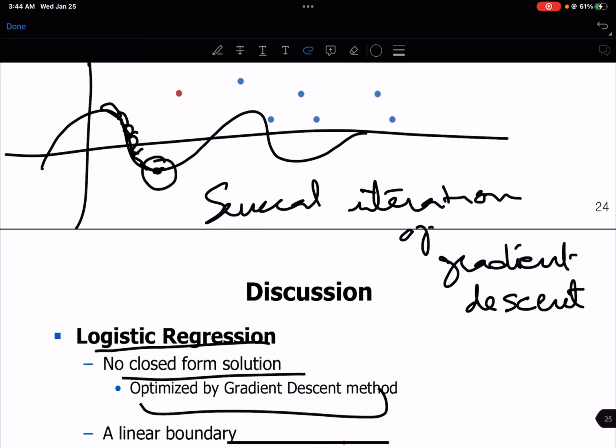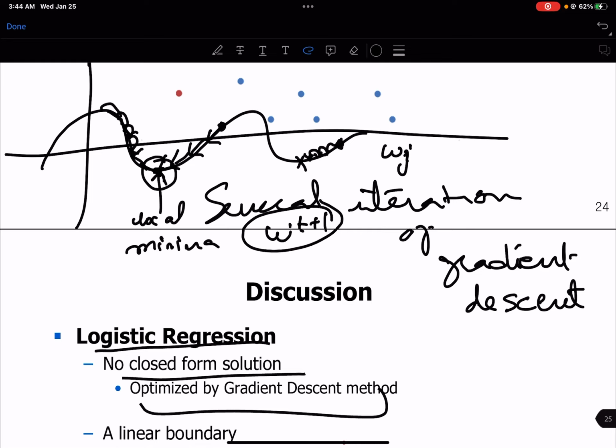If we start the random initialization from here, maybe it takes several steps to reach this local minima point. If we randomly start your weight values initialization here, w_j, then for each update, each w_t plus 1, you are moving towards your local minima.